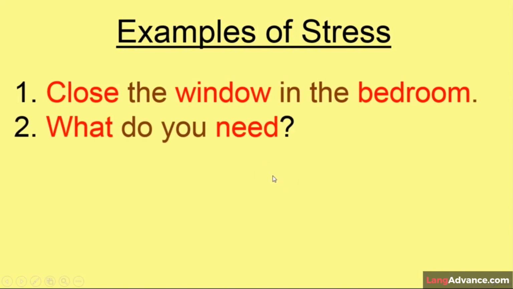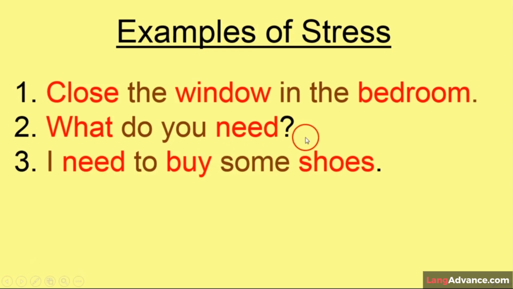What do you need? Okay, so here the stress is placed on the word what and need. It's louder, it's longer, and the pitch of my voice is just a little bit higher. What do you need? I need to buy some shoes.